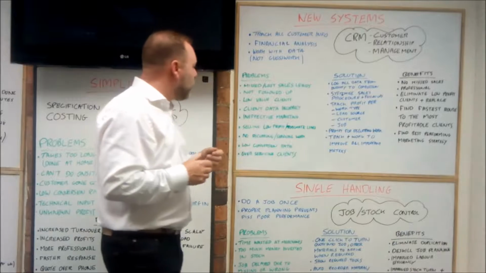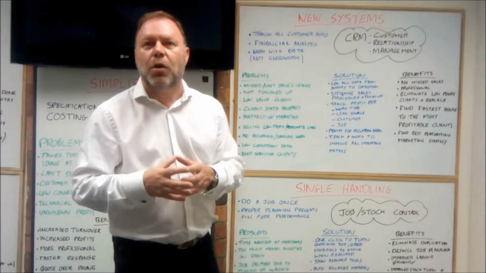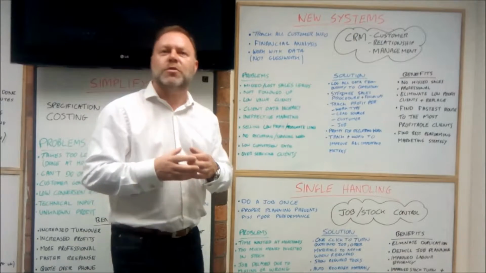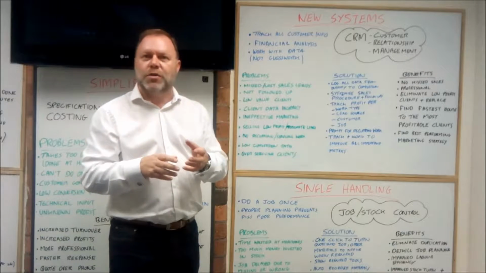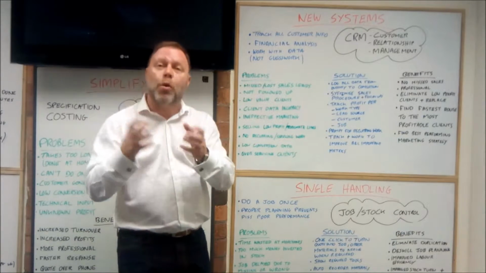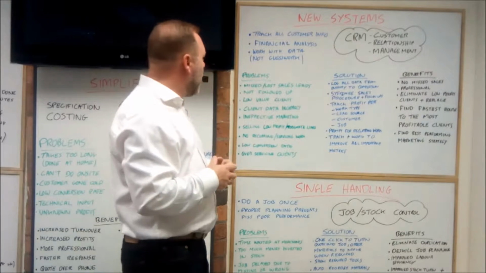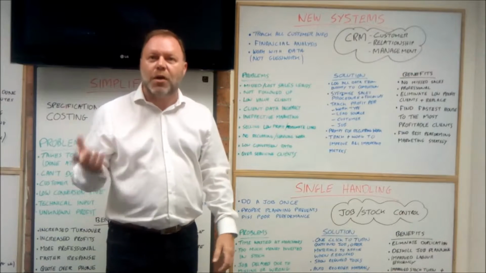Or it could be that you're only getting low value clients, so you're attracting low value clients. Well, if you've got a CRM system that was automated, you could see, hang on a minute, every time I get a lead from this lead generation source, it only gives me this type of work that is really low value or problematic. So it allows you to do that kind of financial analysis. It could be that the client data is incorrect.